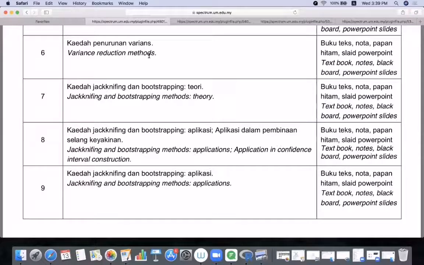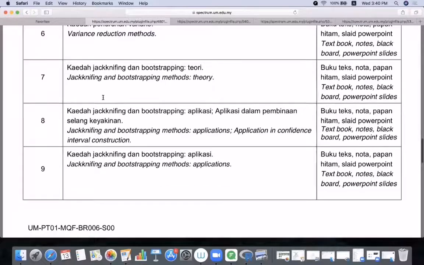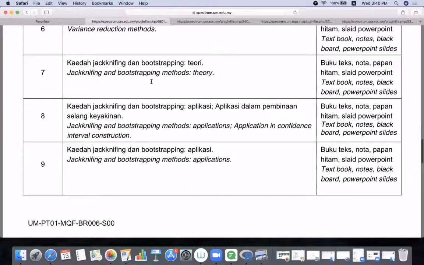There is actually additional stuff in this chapter. If you follow the other books, variance reduction is quite a big topic. But I think for this course, for this semester, it is enough that you study up to whatever we covered until today, right? Then from next week onwards, we'll just do bootstrapping and jackknifing, all right?